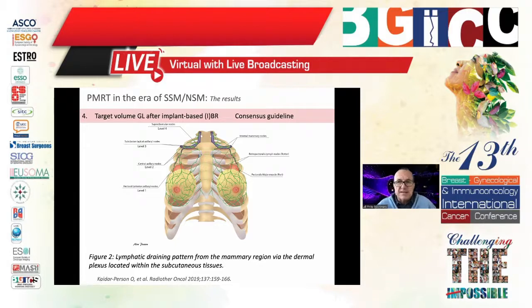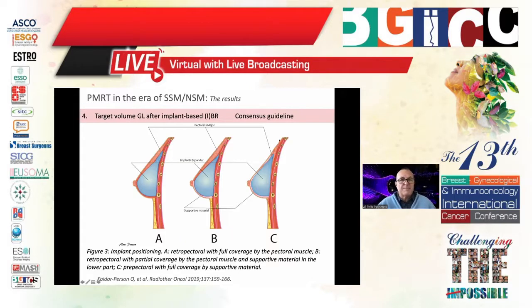Medially, higher risk, but especially if the tumor is deep-seated close to the pectoral muscle, because there is the deep lymphatic plexus, and the deep lymphatic plexus drains more to the internal mammary nodes as well as to the axillary nodes. So it depends a lot on where the tumor was within the breast. So this is a theoretical drawing where the pectoral muscle covers completely the implant.